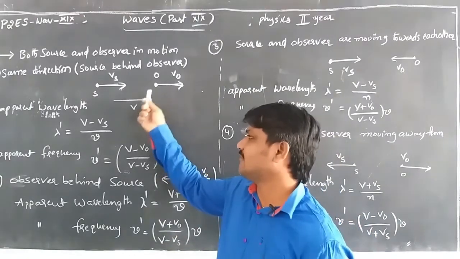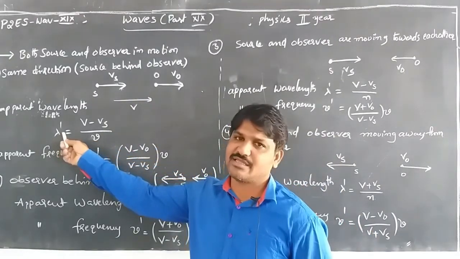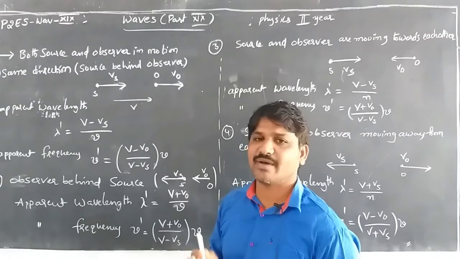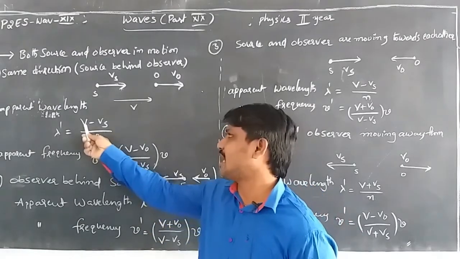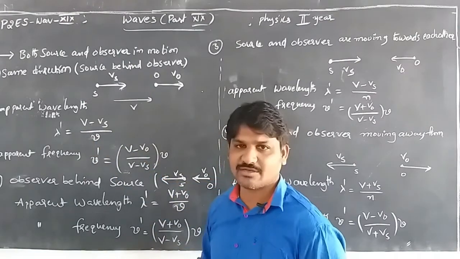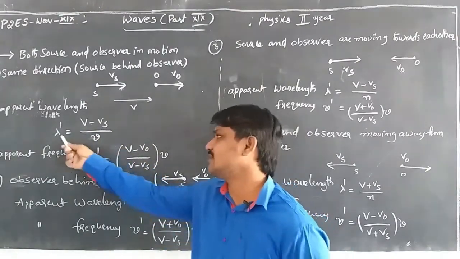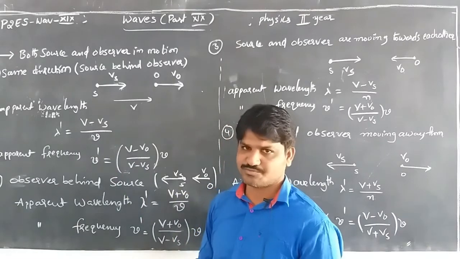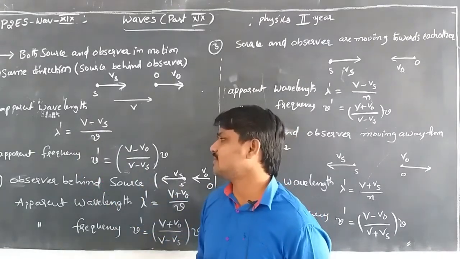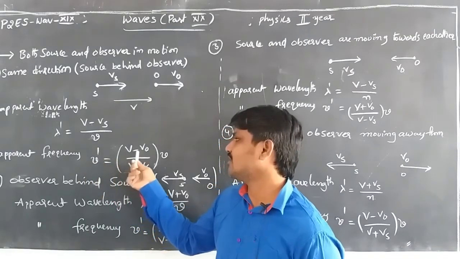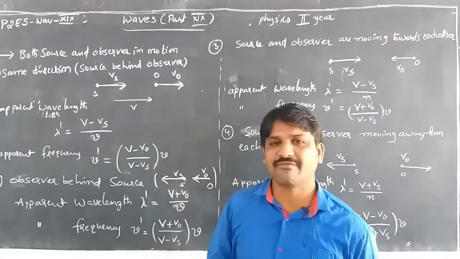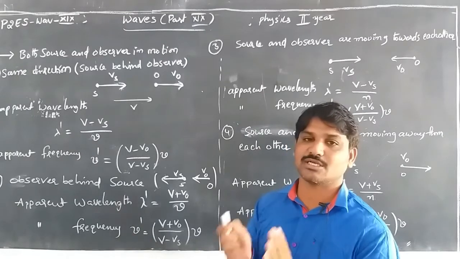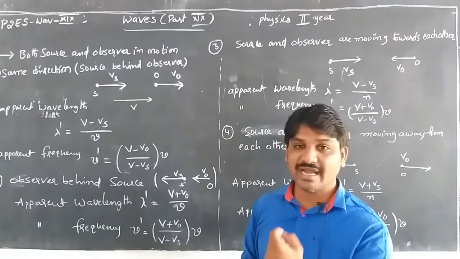The apparent wavelength lambda dash is equal to wavelength, which is velocity by frequency, so lambda dash is equal to V minus Vs by nu, where nu is the frequency. For the apparent frequency, nu dash is equal to V minus V0 by V minus Vs into nu, the formula when both source and observer are moving in the same direction, with the source behind the observer.